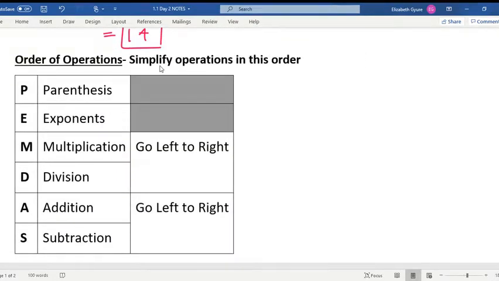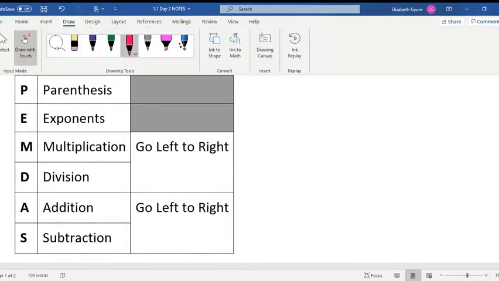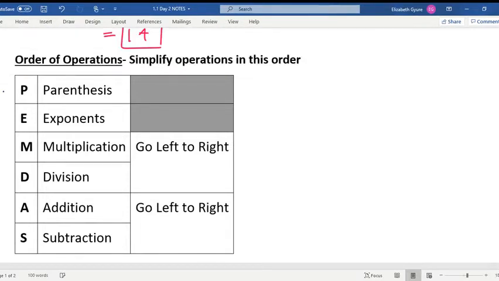So, order of operations. Operations must go in this order. Parentheses. So if you see something in parentheses, do that first. Exponents. What does an exponent look like? Annalise? Yeah, it's like a number with another number kind of above it, right?